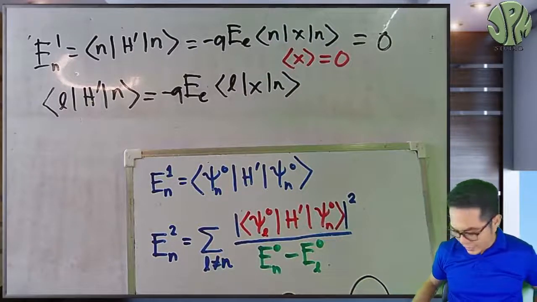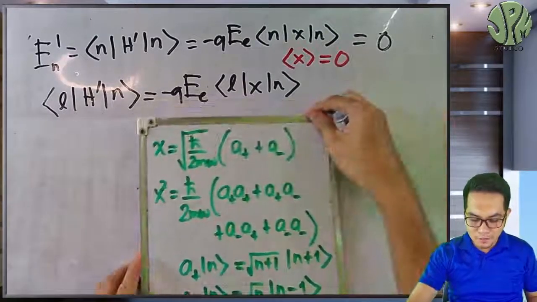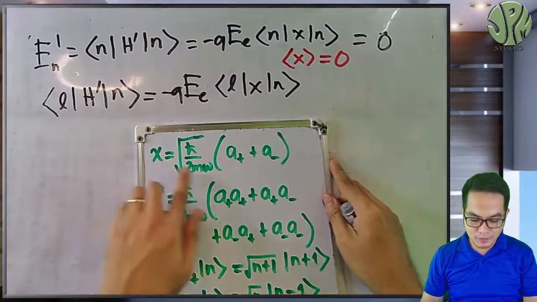So in that case, we again need to use the ladder operator. We let x be equal to this one.